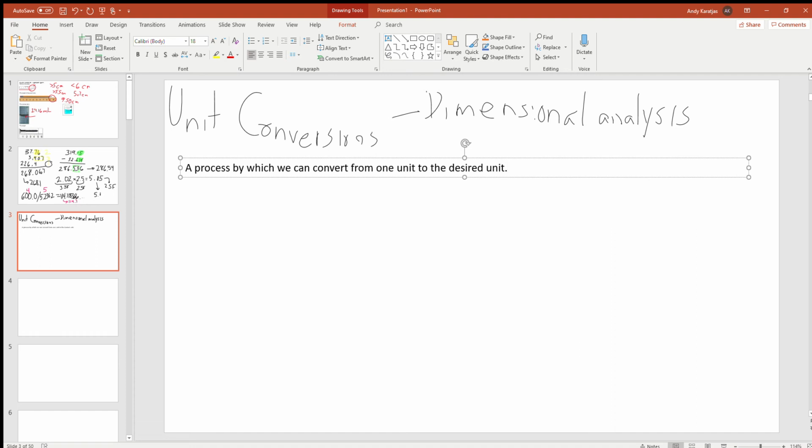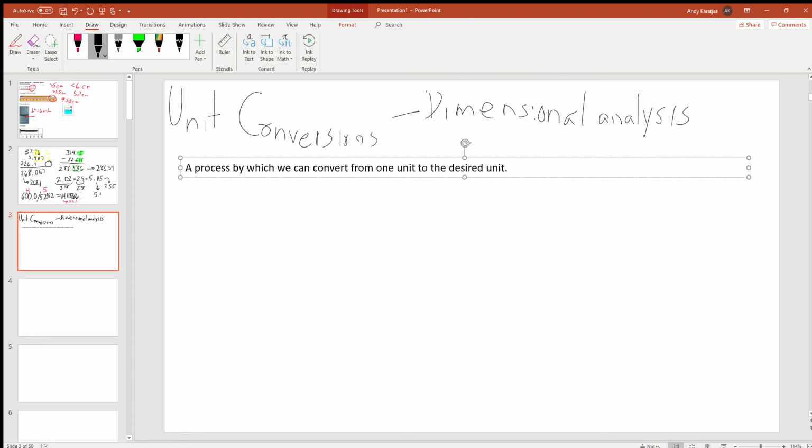But the key here is that just as you can with numbers, for example, if you have a multiplication problem that involves a fraction, 3 times 6 divided by 3, we know that if we have the same number in the numerator that we do in the denominator, that we can cancel these out.